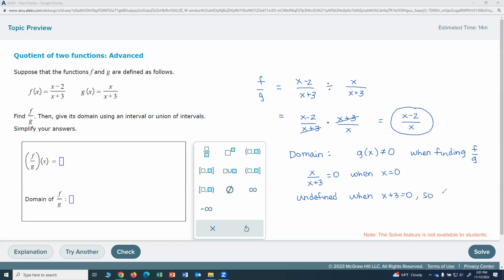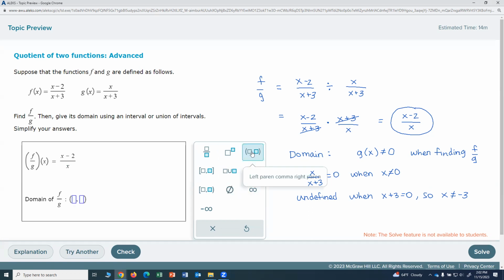So that would tell us that x cannot equal negative 3. So we have x cannot equal 0 and x cannot equal negative 3. So we would go ahead and put in our f over g as x minus 2 over x. And then our domain would have to be all real numbers except for negative 3 and 0.